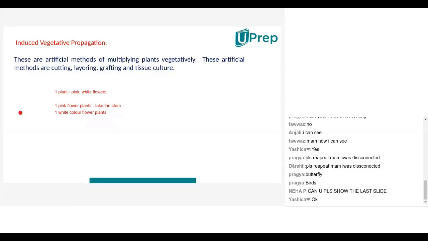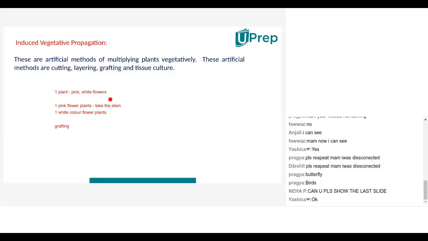Okay, now what will happen is that there is a process called grafting. With the help of grafting, what happens is that, for example, the pink flower plant is in the soil.